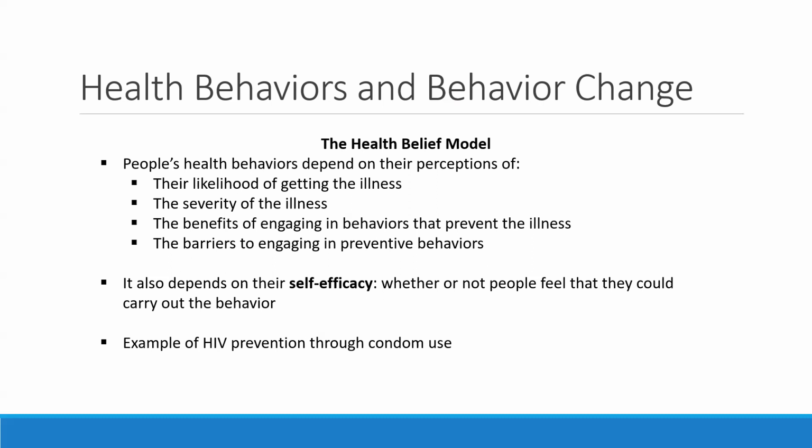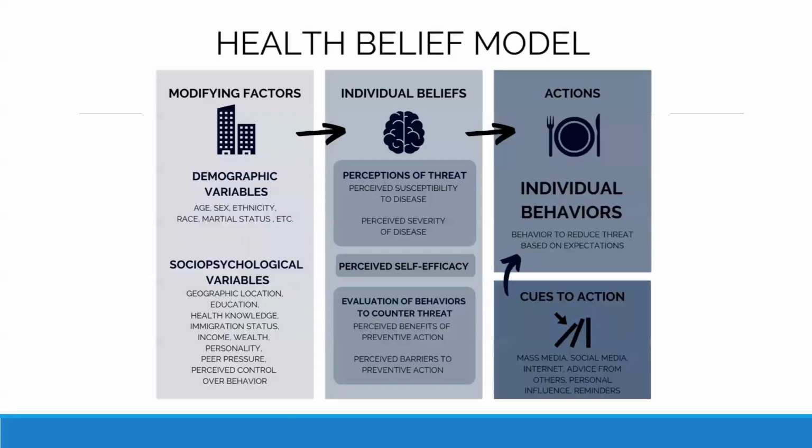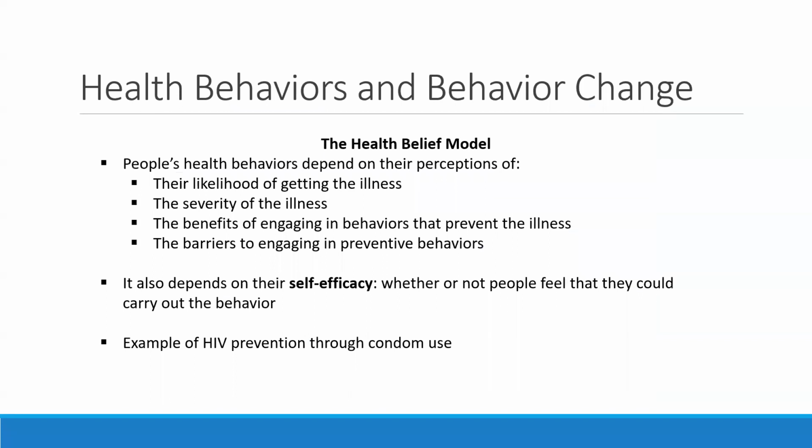So a health program that wants to change these behaviors we're talking about, whether it's condom use or mask wearing, would develop content that specifically aims to increase people's awareness of the severity of the disease and their risk of getting it, because we're all humans and we don't necessarily know the accurate information about these things.